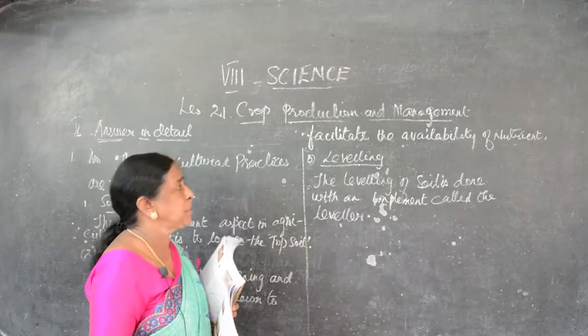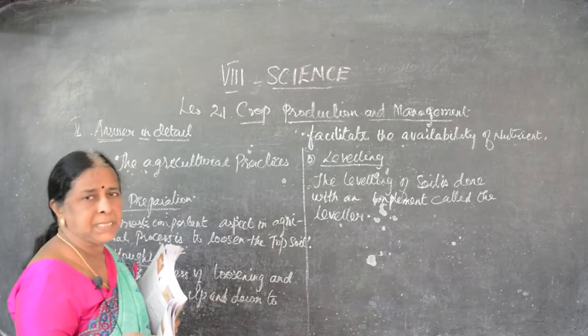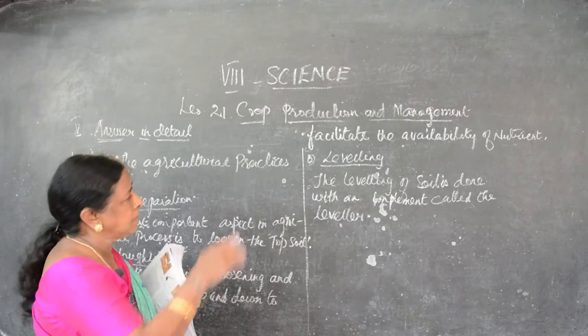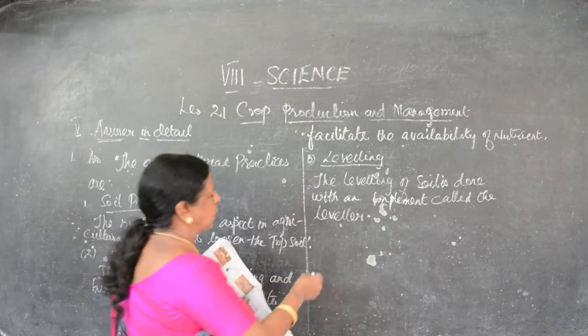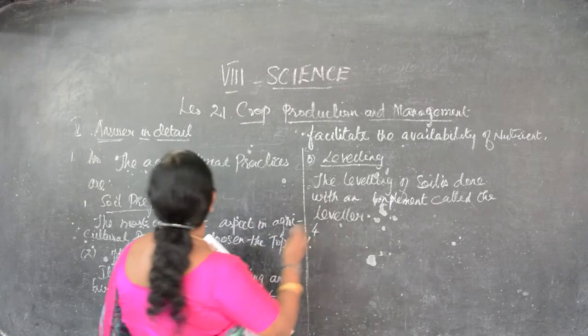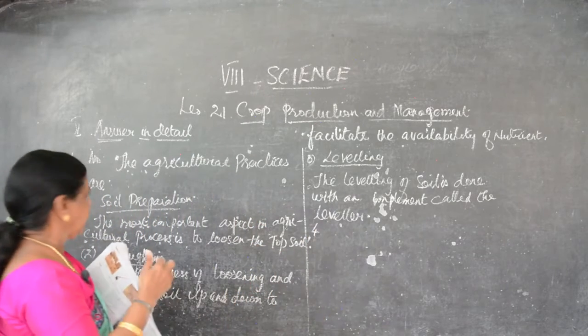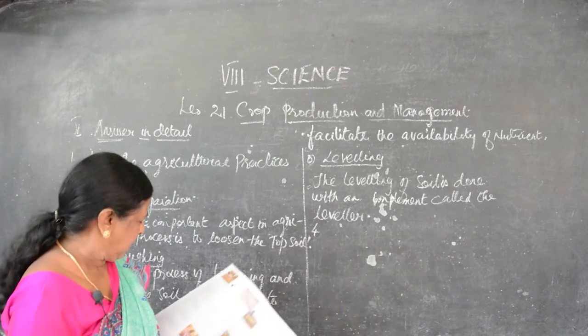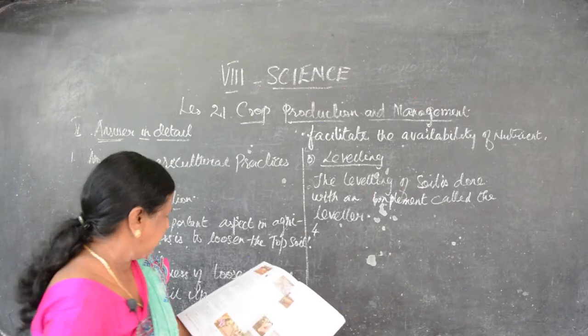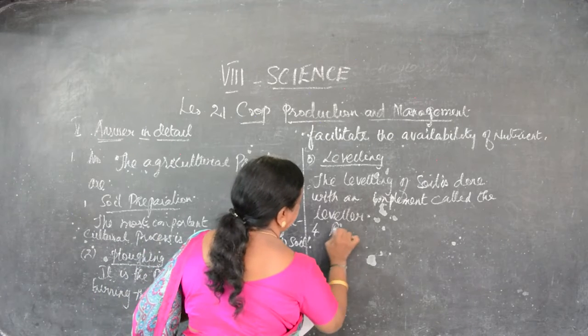Okay children, let me continue. Already we have given short answers, only one detailed answer. Of the points I have given, this is the fourth point. So first one is soil preparation, second ploughing, and third one is leveling. Fourth one is basal manuring.